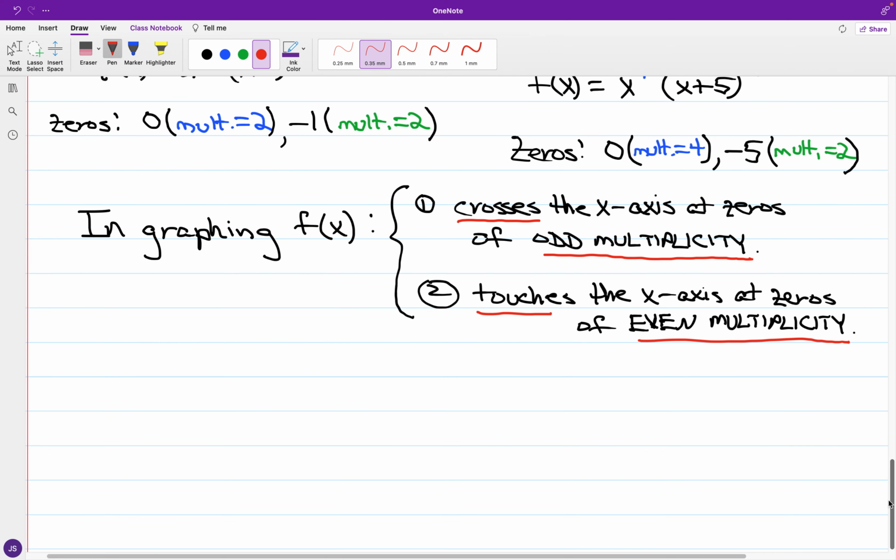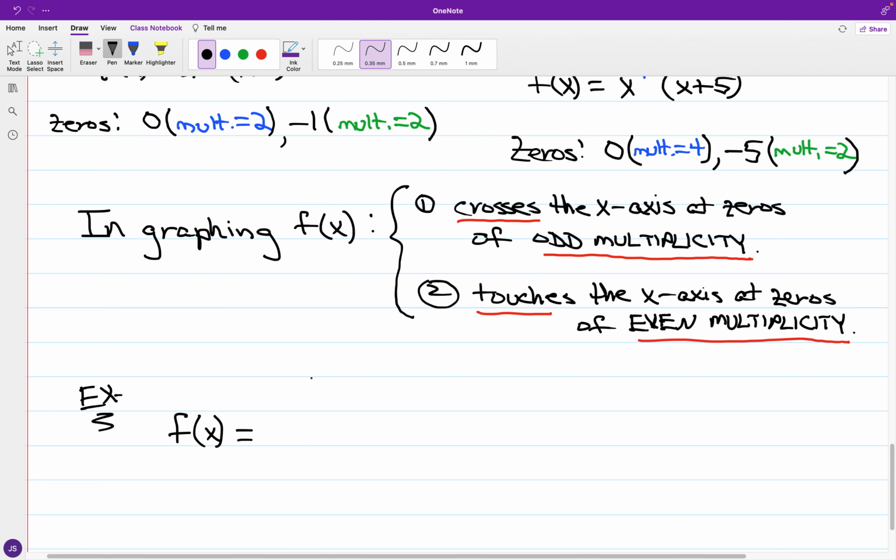Let's look at how that particular set of dynamics will play out. Say we have a function f of x, displayed in factored form.